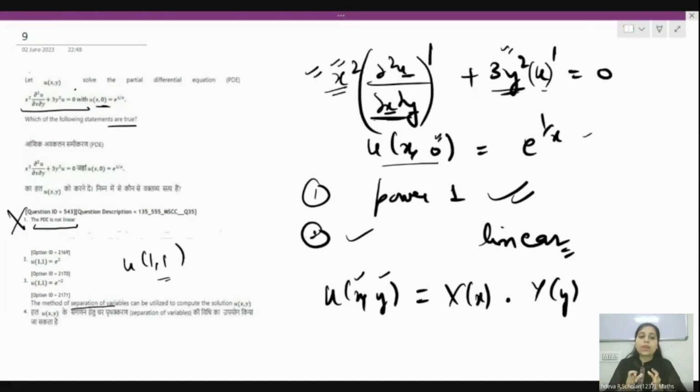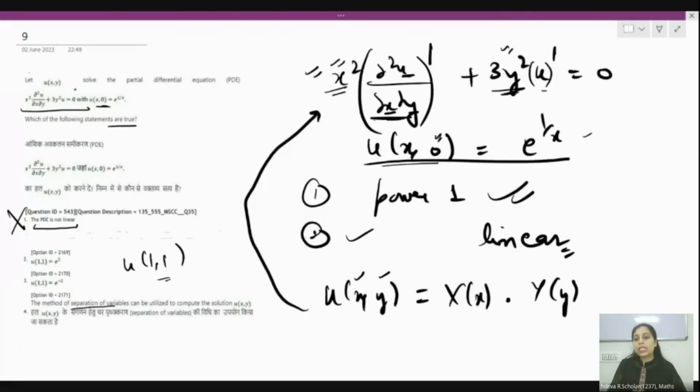This is the method of separation of variables. So what we will do here is substitute this solution in the given equation, and using the condition, we will find the solution first.